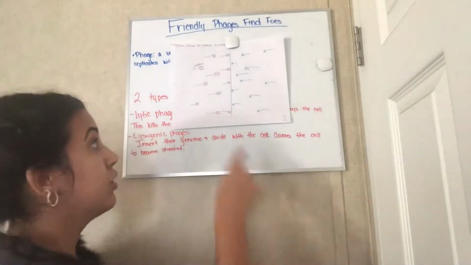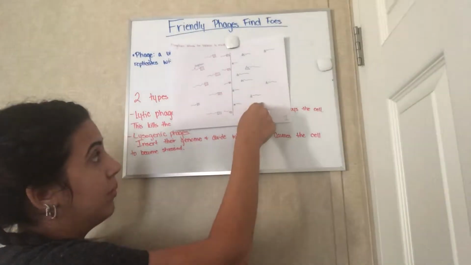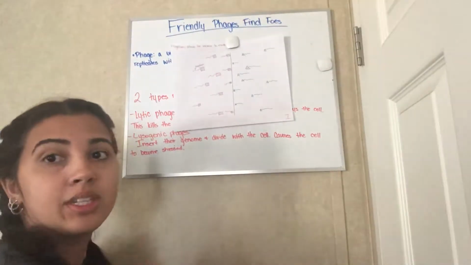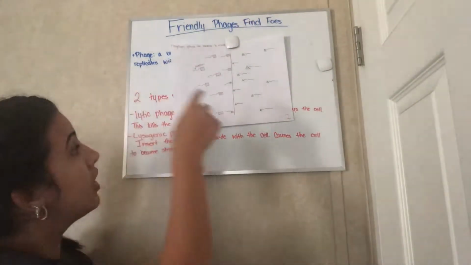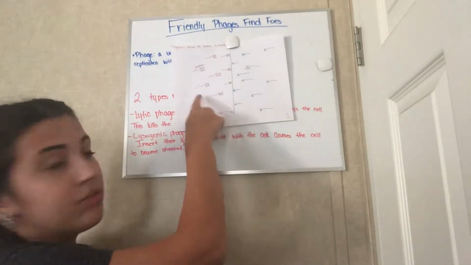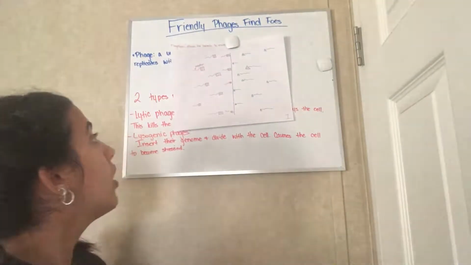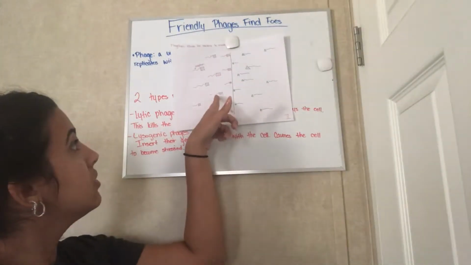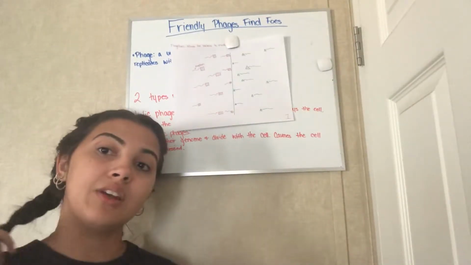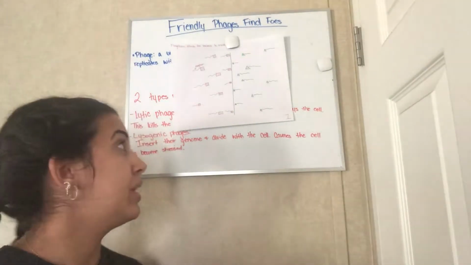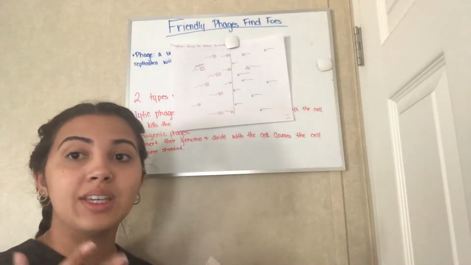As you can see here, there are two different types of bacteria represented. Each bacteria has what is called a flagellum on the end of it, and these flagellum help the bacteria to move. And how the bacteria interact with each other is through a chemical process.